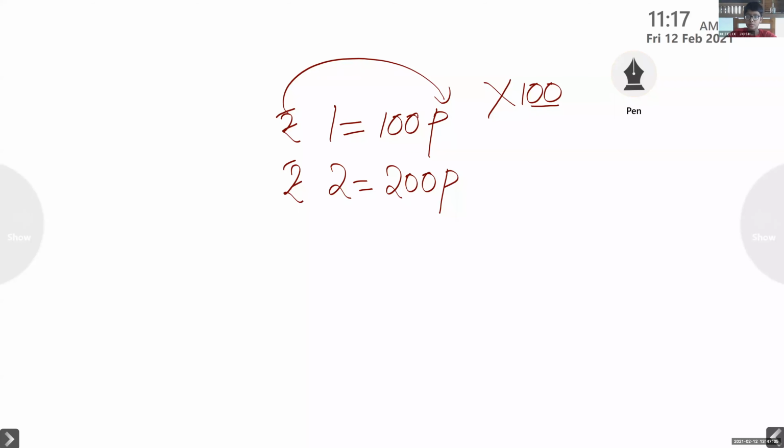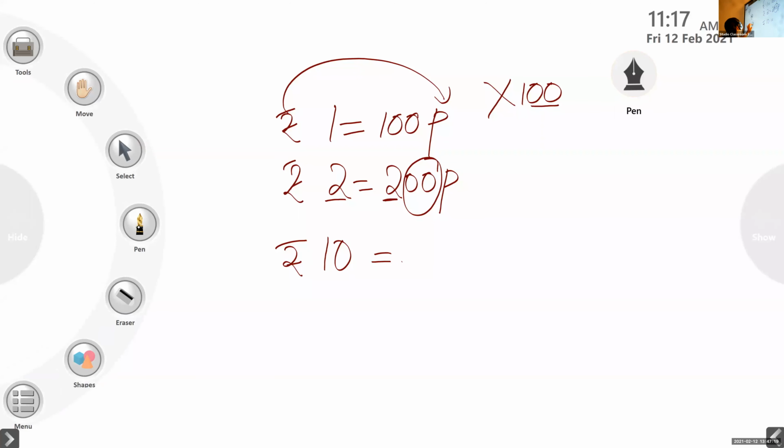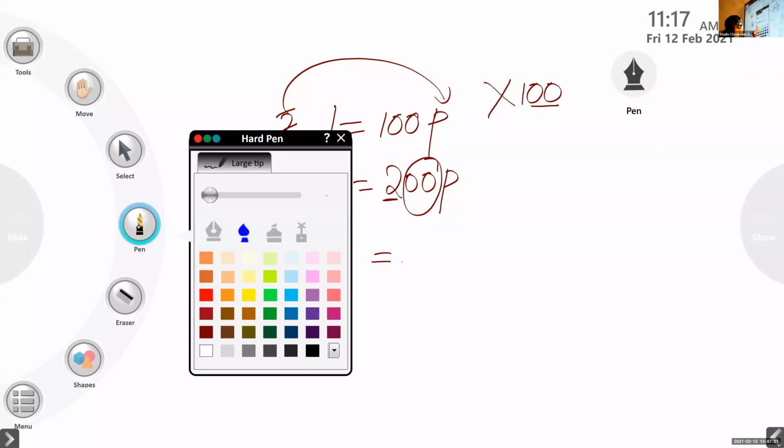So we will write the same number, then add only 2 zeros. So if I am writing rupees 10, what will be the answer? 1,000. Very good.